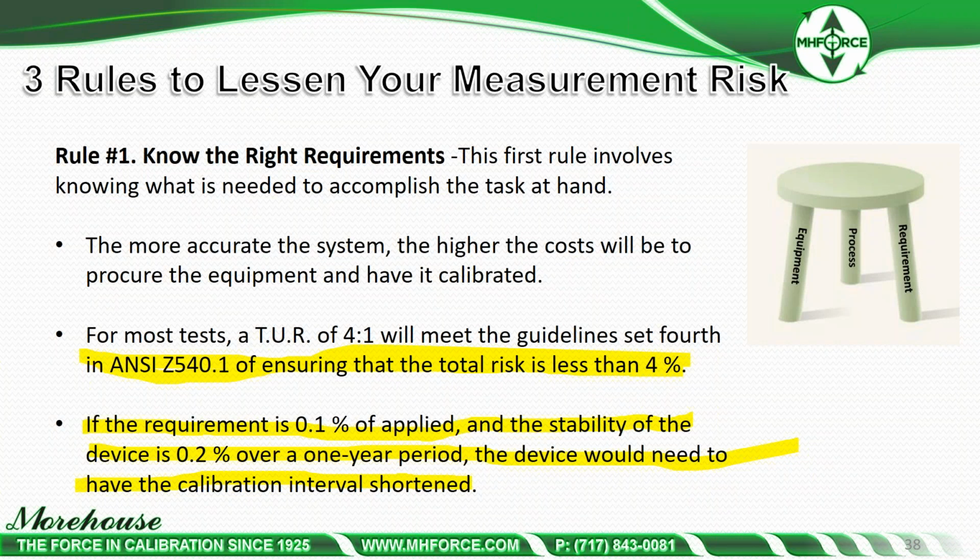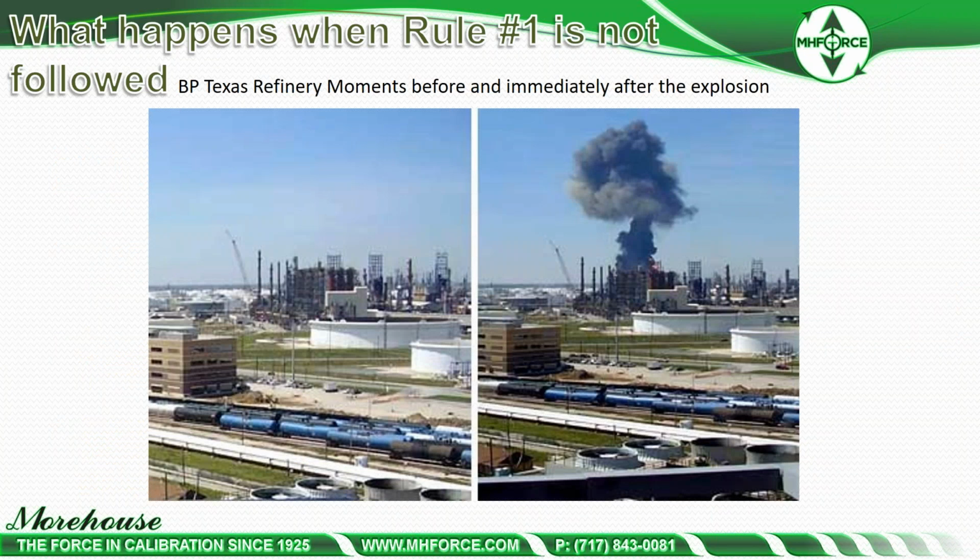So this is what happens when Rule 1 is not followed. This is the BP Texas City refinery moments before and immediately after the explosion. It happened March 23rd, 2005. In a 335-page final report, federal investigators from the U.S. Chemical Safety Board, CSB, concluded that organizational and safety deficiencies at all levels of the BP Corporation caused the explosion at the BP Texas City refinery.